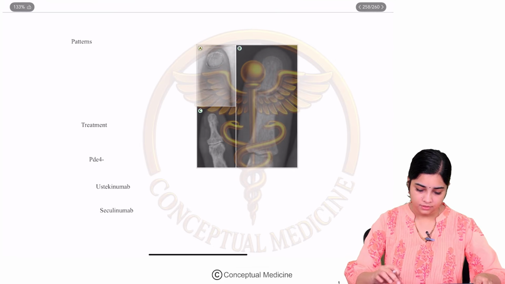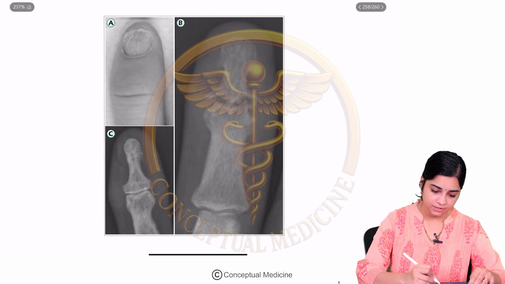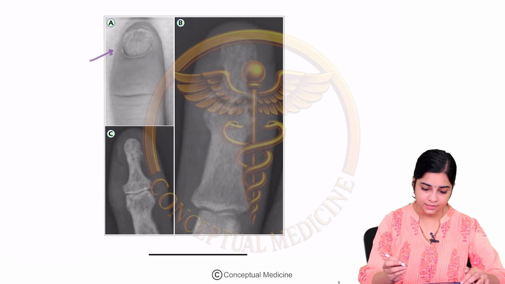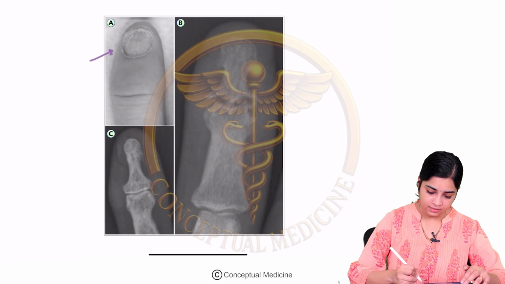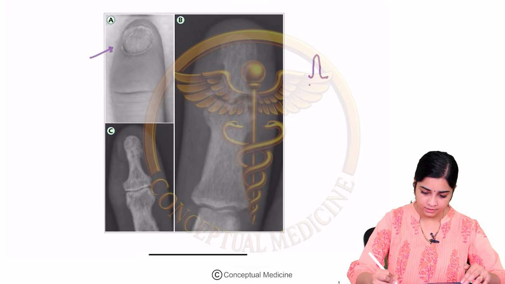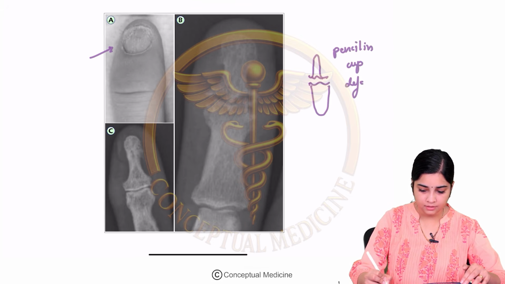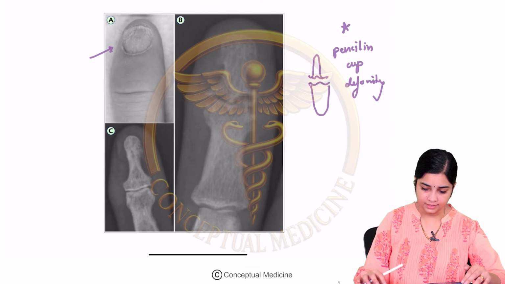These images are showing you the patterns. This image is showing you psoriatic nail dystrophy. Can you see in these two images that there is a predominant distal interphalangeal joint involvement like this? This is what we call the pencil-in-cup deformity, which is a characteristic feature of psoriatic arthritis.